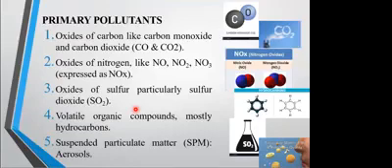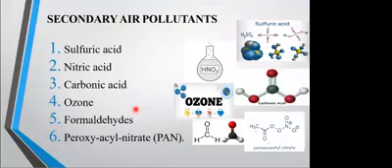So now, let's move on to secondary air pollutants. Basically, secondary air pollutants are the pollutants that are produced in the atmosphere when certain chemical reactions take place among the primary pollutants.